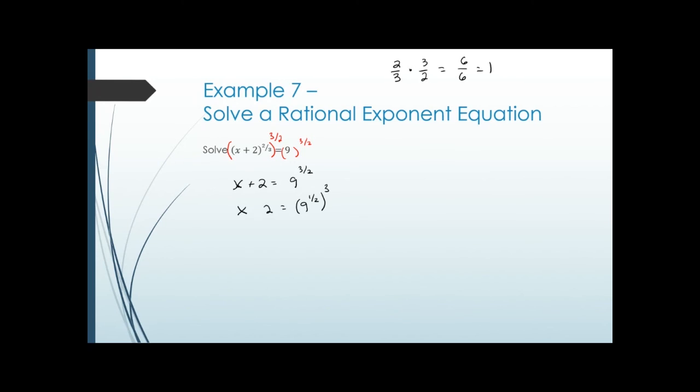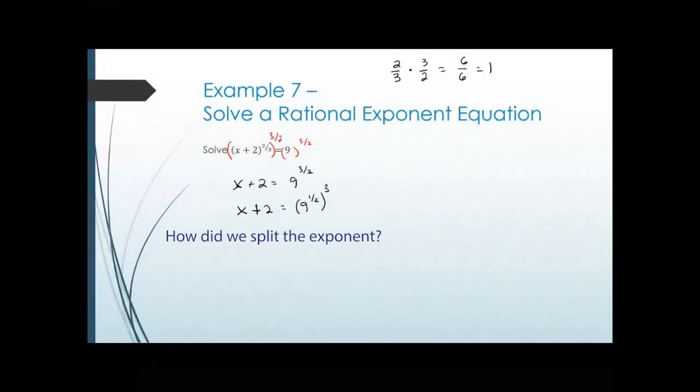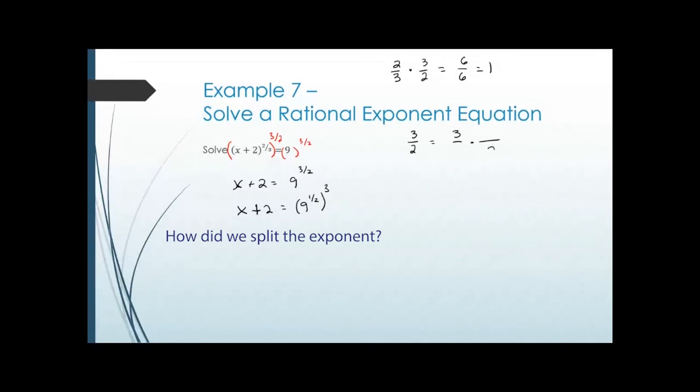And I see that I wrote an extra equal sign. That should be x plus 2. So I'm splitting 3/2 up as two fractions multiplied by each other, and 3/1 is just equal to 3. So this is the same thing as 3 times 1/2.